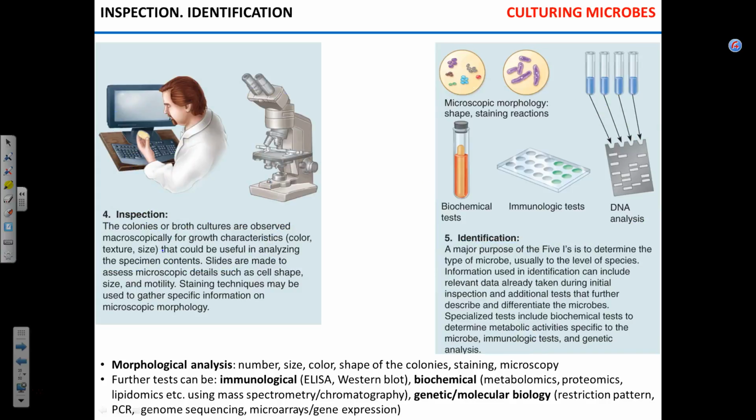So, imagine now that you have selected the colony. So you subcultured it, it grows in the liquid medium. Now you have to figure out what is the bug. So first you inspect. That's what we did last Thursday.